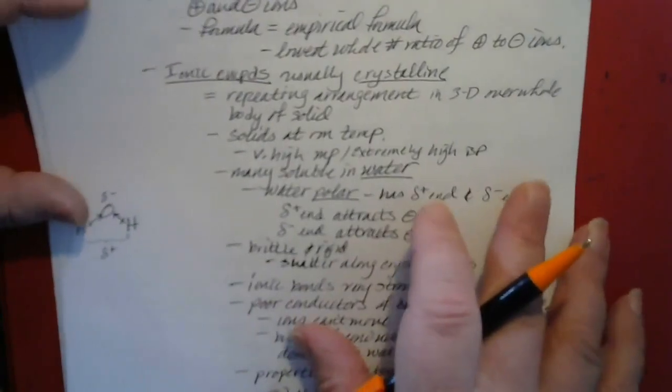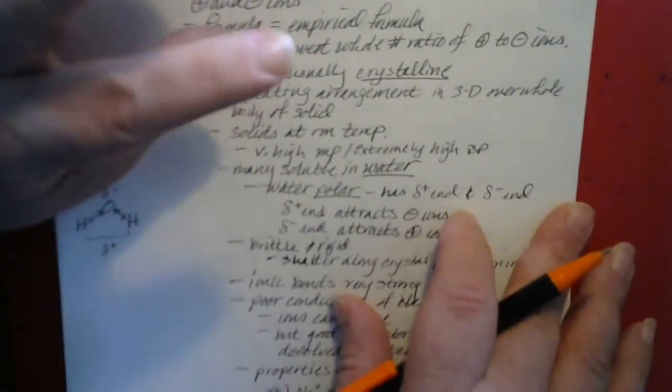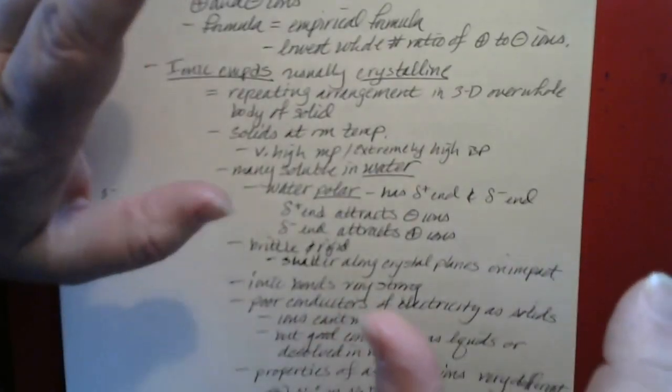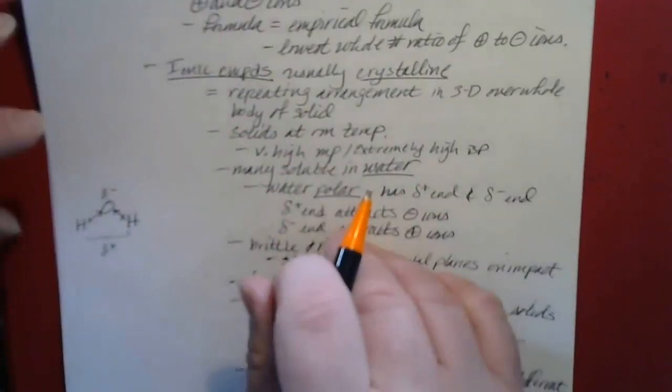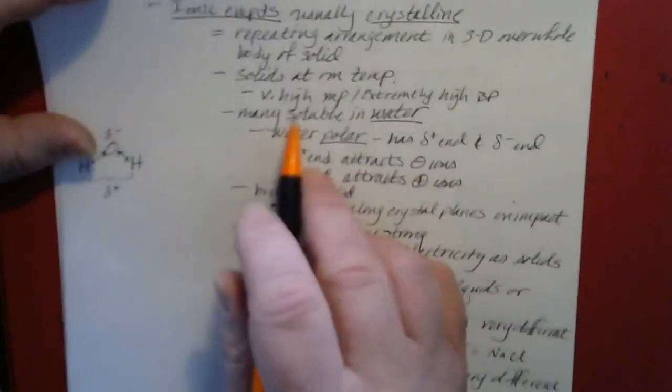And that is a regular repeating order. It's not a case where you just throw the ions in any old way, and you might find a spot where there are a bunch of Cl- ions clustered together, and some other spot where you might have a bunch of Na+ ions clustered together. You won't find that. It will always be alternating Na+, Cl-, Na+, Cl-. And most ionic compounds are like that.